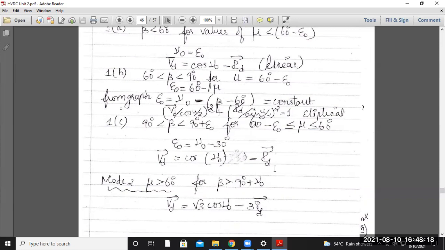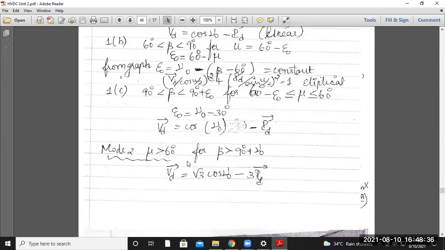In a similar manner, when you write for the second mode, it is all about when mu is greater than 60 degree, for beta greater than 90 degree plus gamma naught. When mode 2 is equal to, when mu is greater than 60 degree, for beta greater than 90 degree plus gamma naught, you will get Vd vector equal to root 3 cos gamma naught minus 3 Id vector.